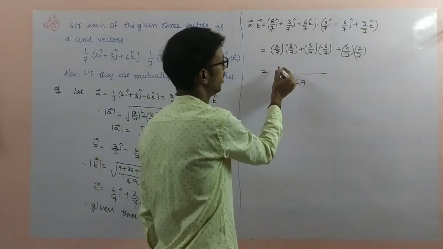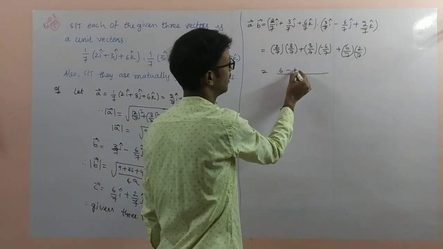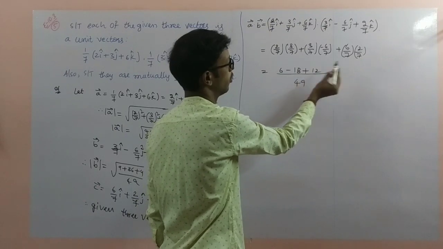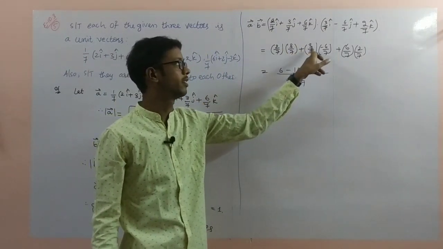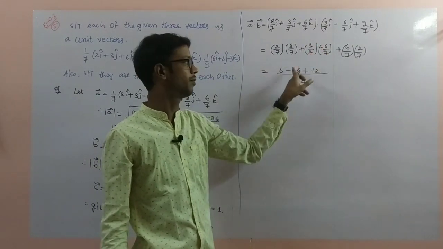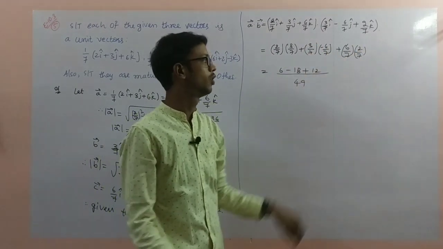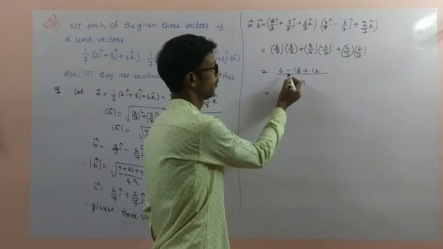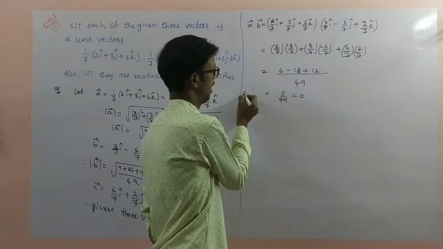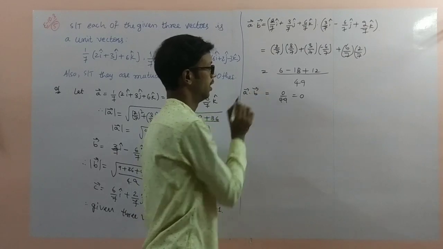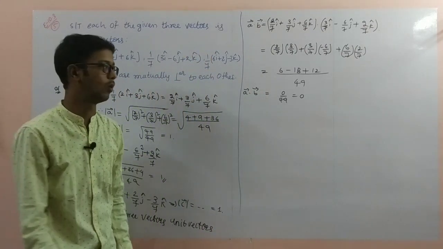Now 2 3 is 6, minus 18, plus 12. If you multiply, 2 3 is 6, minus 6 into 3 is minus 18, 6 2 is 12. Total will be 0 by 49. A bar dot B bar is equal to 0.